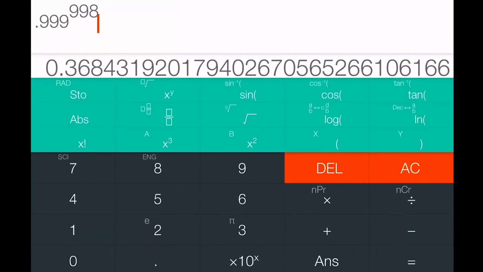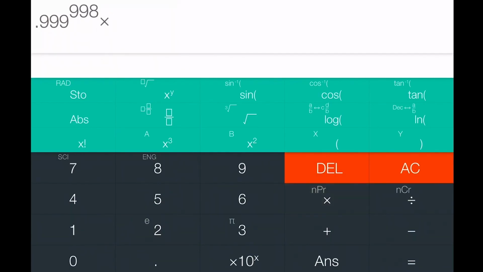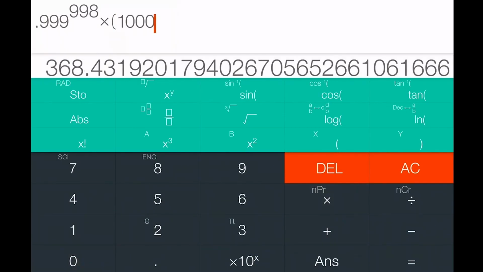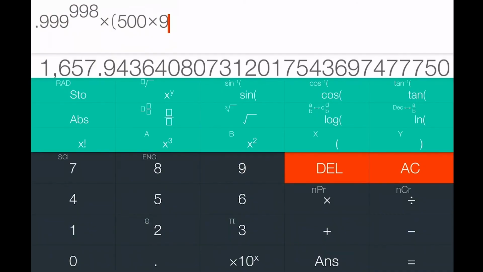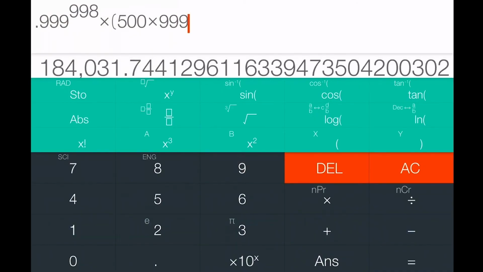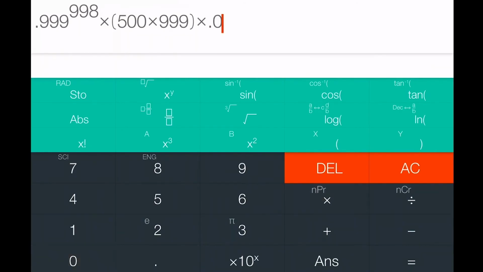For the first part, 1000 divided by 2 we can just write 500, into 999. So, this much we got, and 0.001 is 10 to the power minus 3, so 0.001 to the power 2 will be 10 to the power minus 6, which is 0.000001.